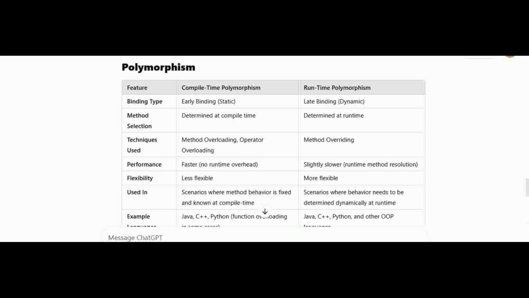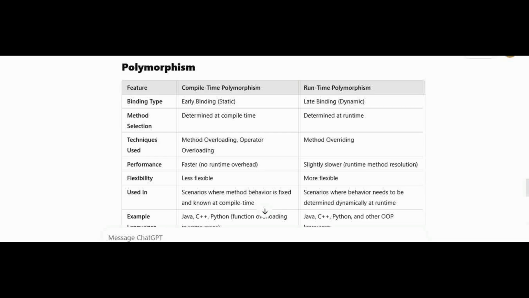Flexibility. Compile time polymorphism is less flexible, while runtime polymorphism is more flexible. Used in: compile time is used in scenarios where method behavior is fixed and known at compile time, while runtime polymorphism is used in scenarios where behavior needs to be determined dynamically at runtime.